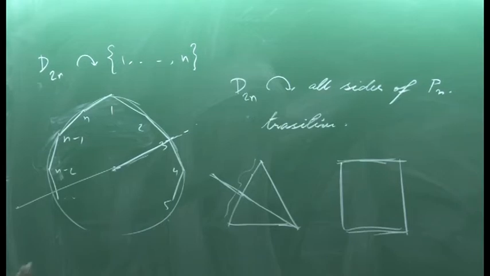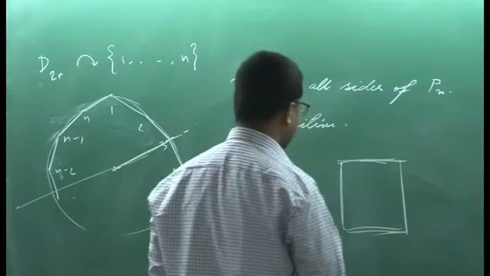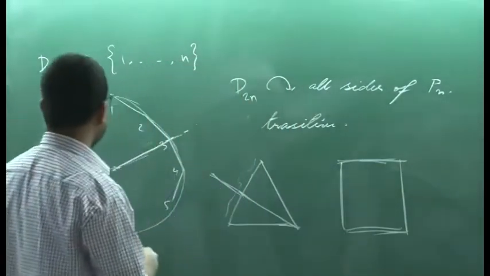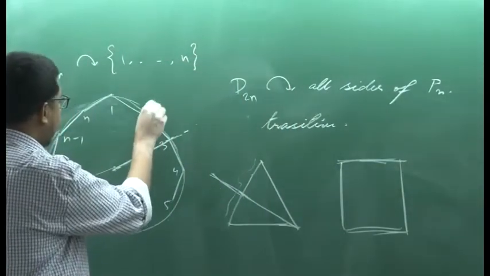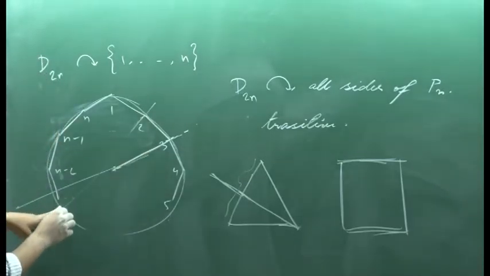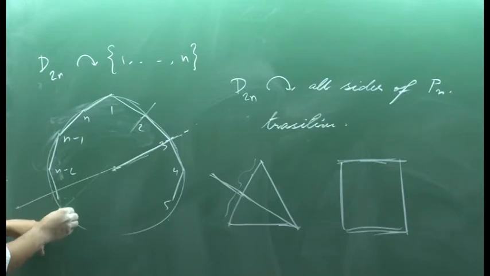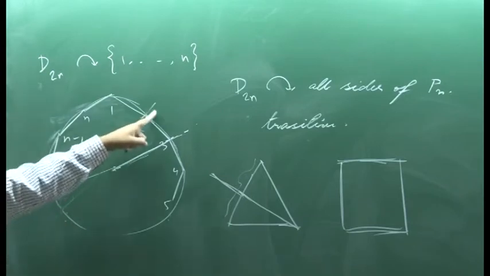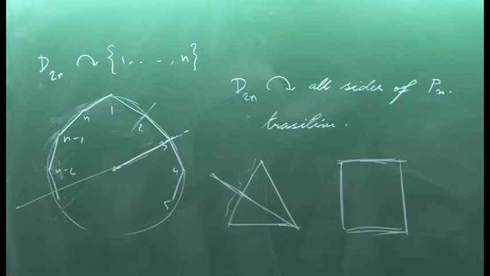But when n is even, this is certainly not the case, because if you take an angle bisector, this will automatically be a common angle bisector of the angle whose vertex is diametrically opposite to that.